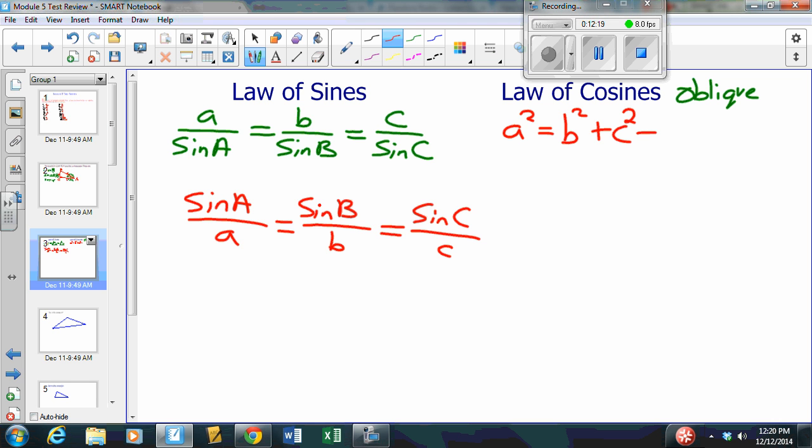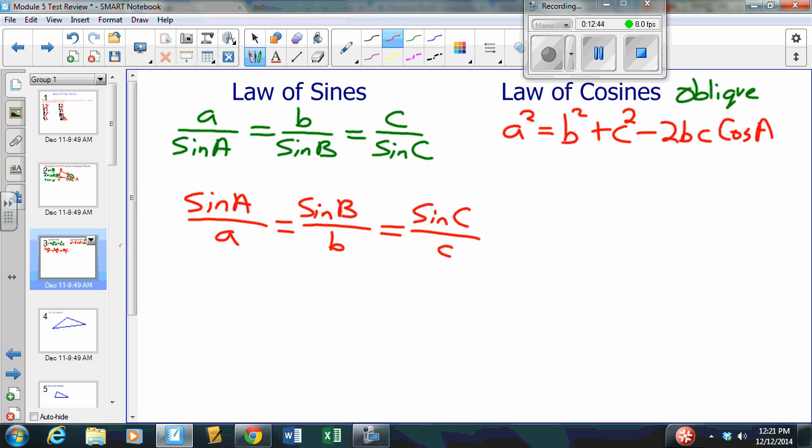But then you had to minus the two red ones or the two blue ones, whichever they were. You had to minus those, and remember, that was represented by 2BC cosine of A. So you had to minus two of those to get the area. So that was the law of cosines.